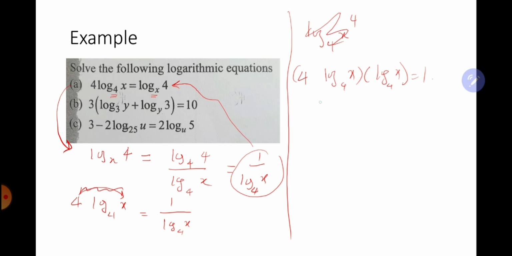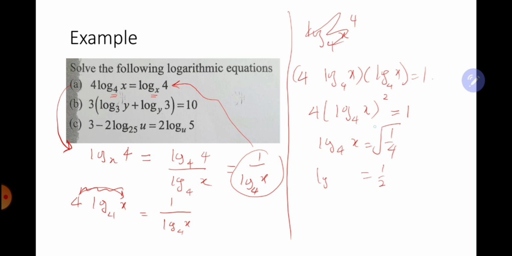So here you ada 4 log 4x, this one the whole thing power 2 sebenarnya, equals to 1. So log base 4x equals to 1 over 4. Ini ada square kan, so you kena square root, so you akan dapat half.